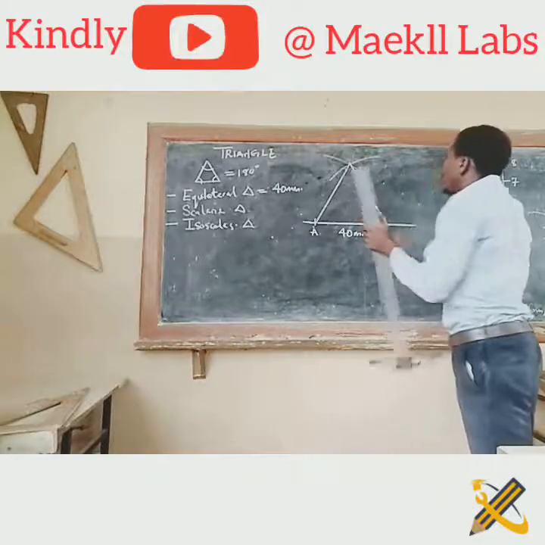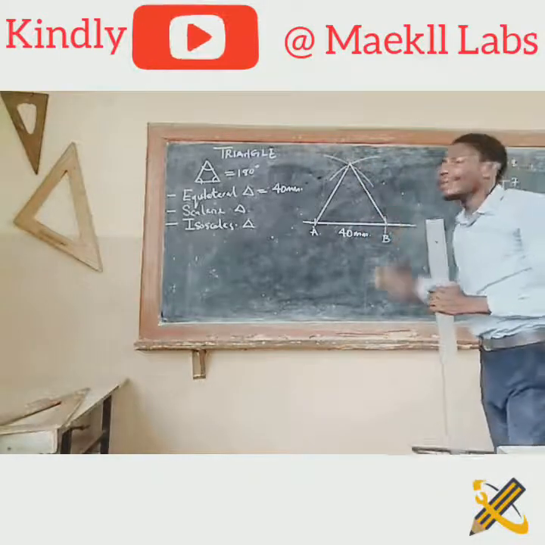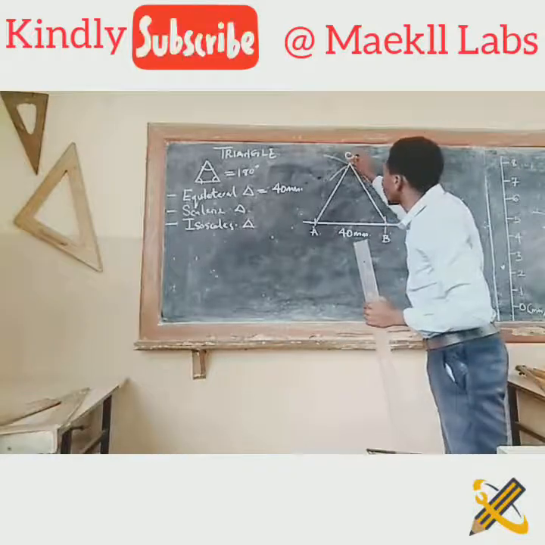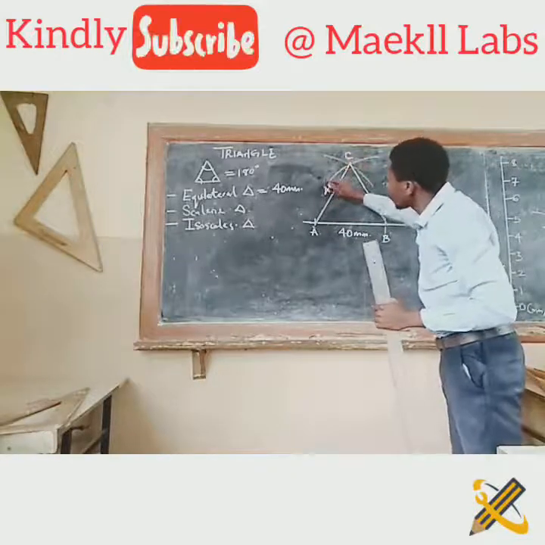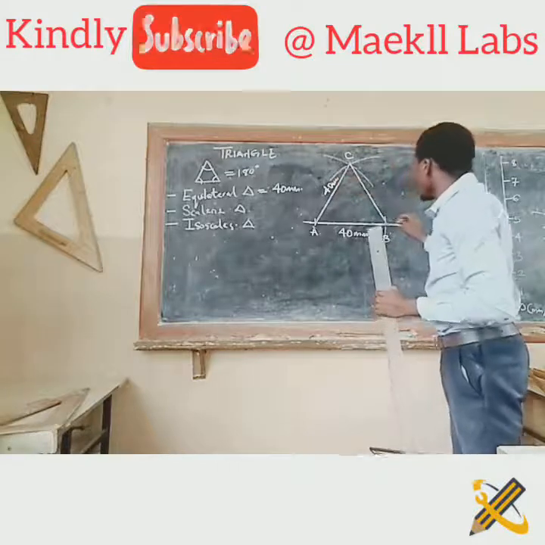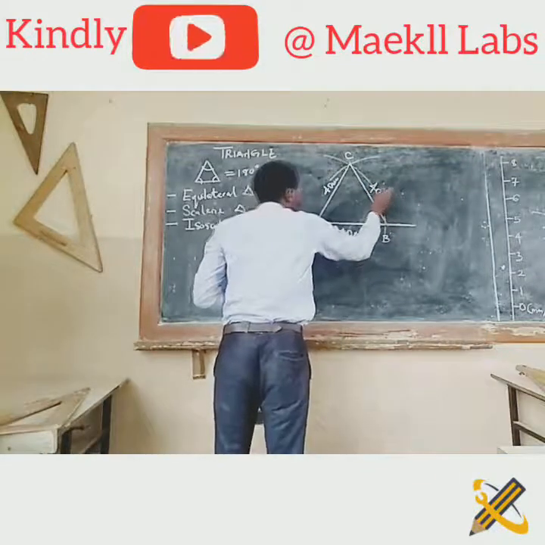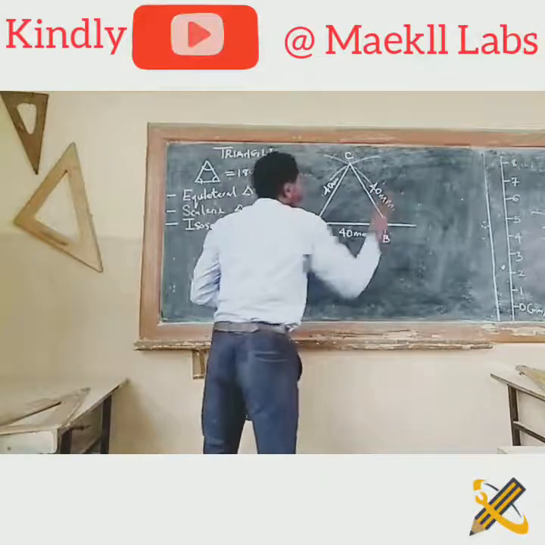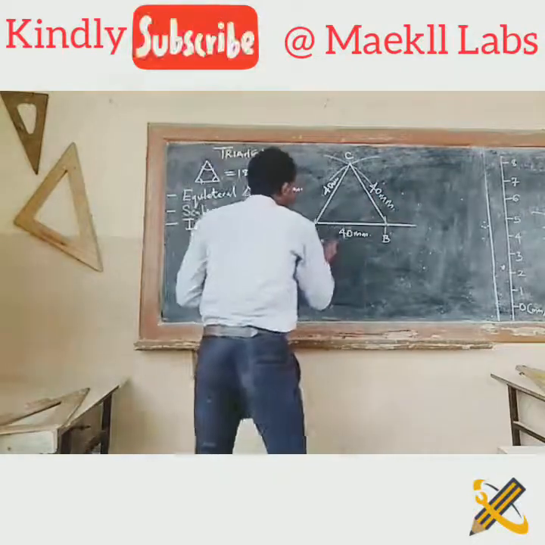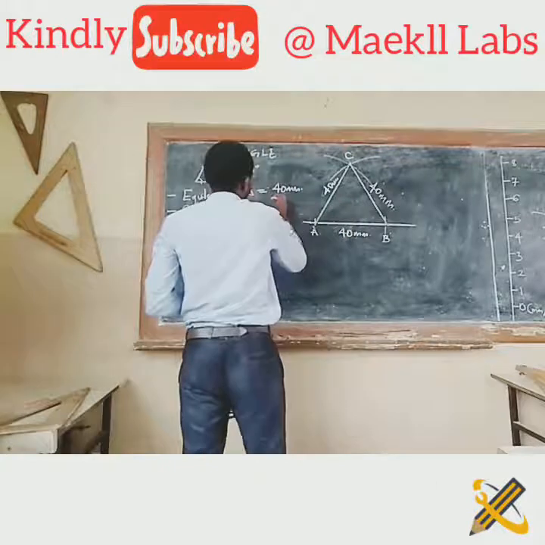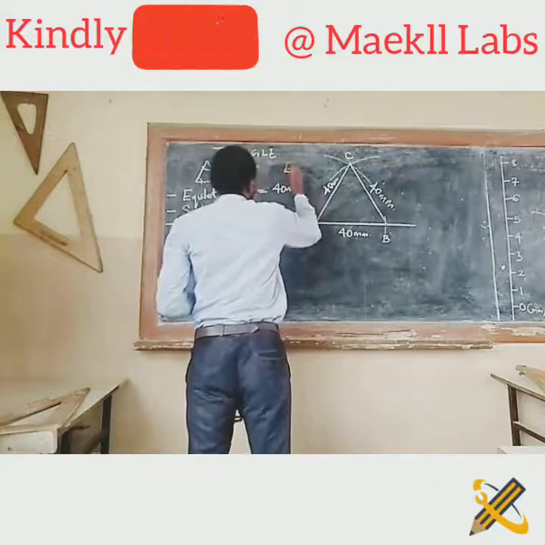So this is an equilateral triangle. AC is 40 mm. Likewise, BC is 40 mm. So this is an equilateral triangle.